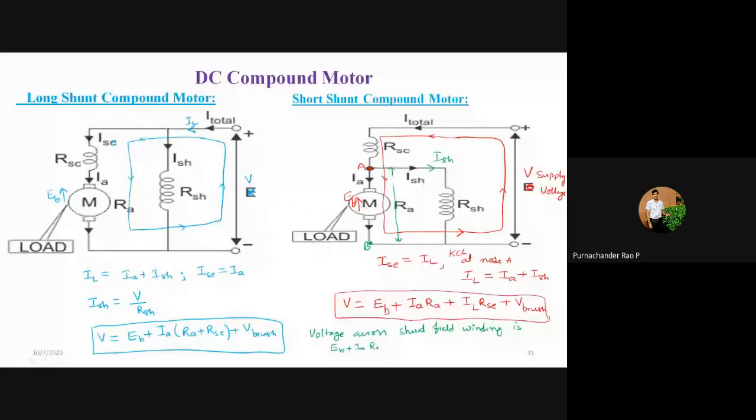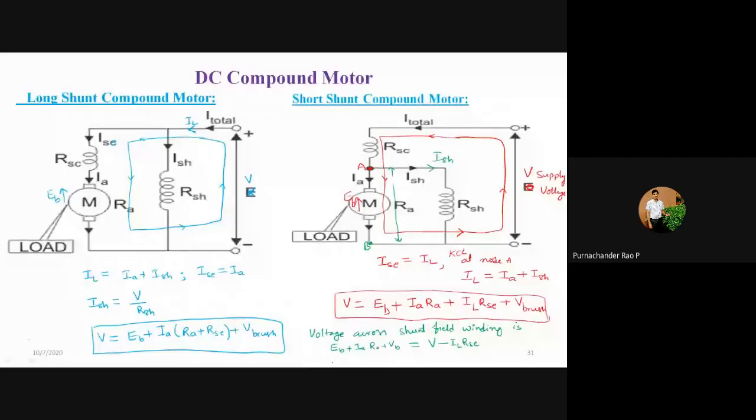This is also equal to, from this equation, EB plus IA RA. This is also equal to your terminal voltage V minus IL into RSE.